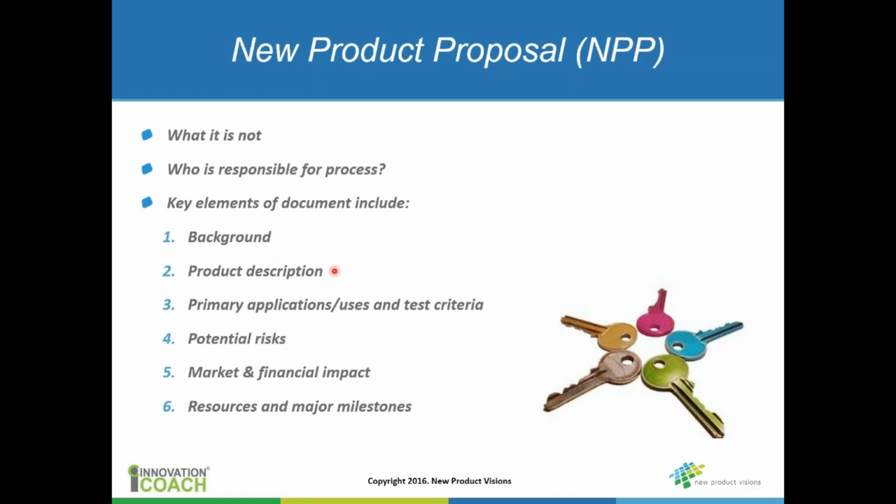Roughly describing what the product is. What you don't want to do is hamstring the engineering organization. You want to give them a lot of latitude for developing the design, but what are the key functional aspects of this product?